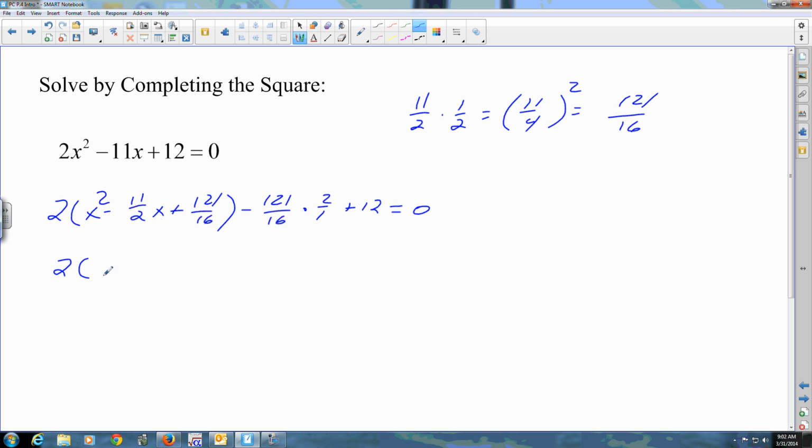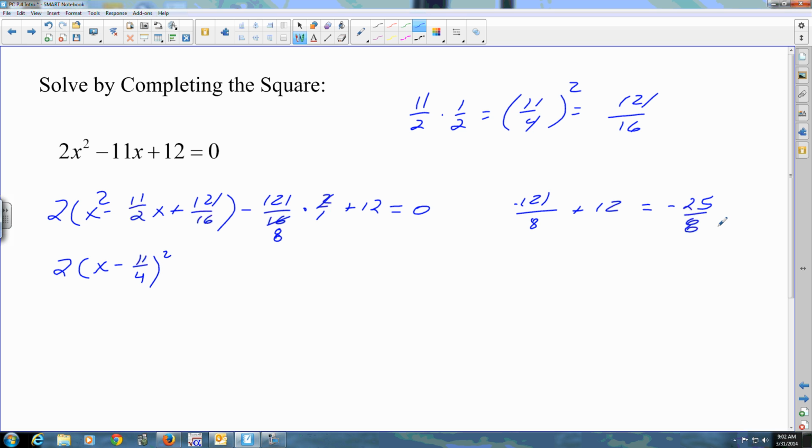Okay, so you have 2. Now this will collapse back. Take half the middle. Sorry, that closed. Squared. Now, this is going to reduce to give you 8. So negative 121 over 8 plus 12, I think is negative 25/8.